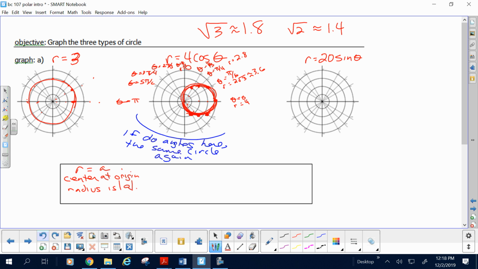So R equals A cosine theta. Generally speaking, not 4 cosine theta, this specific problem, but generally speaking, R equals A cosine theta is a circle, symmetric at the x-axis, with a diameter equal to A.